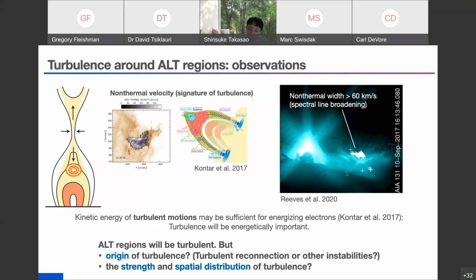People interpret the non-thermal line broadening as the signature of turbulence. And the study by Kontar et al. found that the kinetic energy of turbulent motions may be sufficient for energizing electrons. So the turbulence should not be ignored from the energetic point of view.